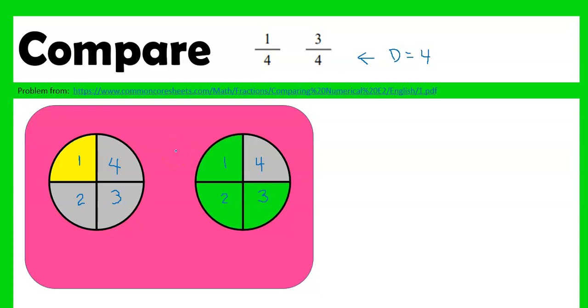Looking at these 2 pie charts, I can see that my fraction 3/4 is much greater than 1/4, because the colored in green portion, which represents my 3/4, takes up a much larger space than my colored in yellow portion, which represents 1/4. So the 1/4 fraction is much smaller than my 3/4 fraction.